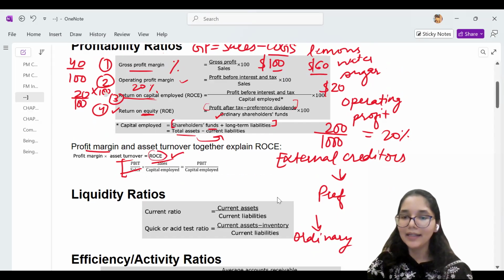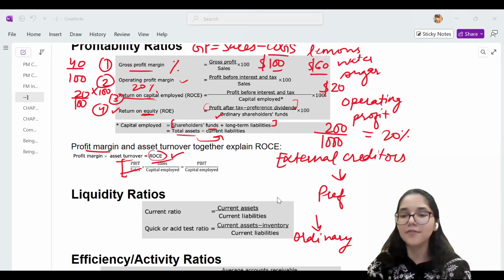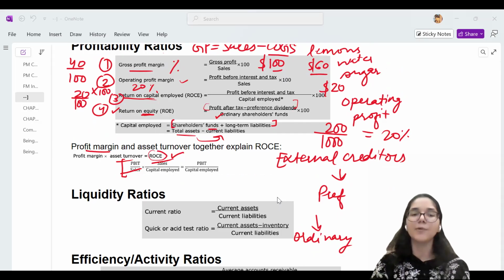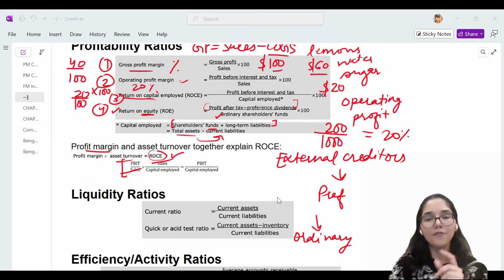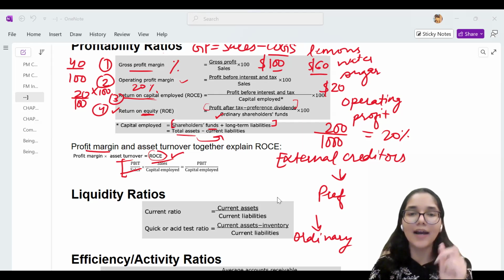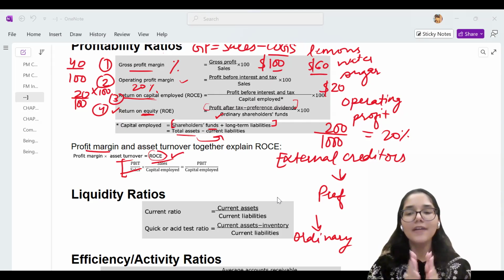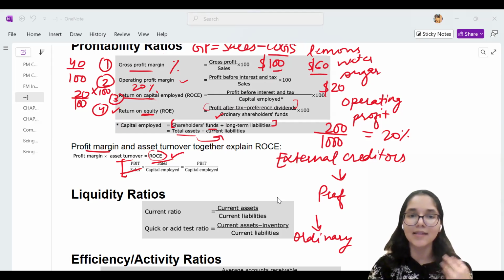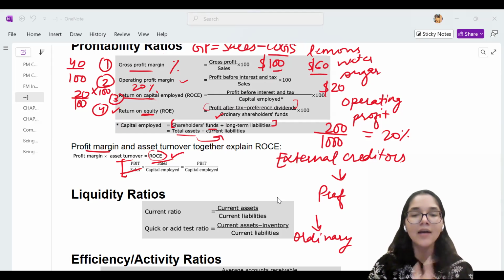I have one query in the chat box. Which preference dividend, redeemable or non-redeemable? We are going to go further into the detail of it when we learn the debt finance chapter. There we see how redeemable and non-redeemable preference shares are classified, because preference shares have characteristics of both aspects. They have some characteristics of equity, some of debt.